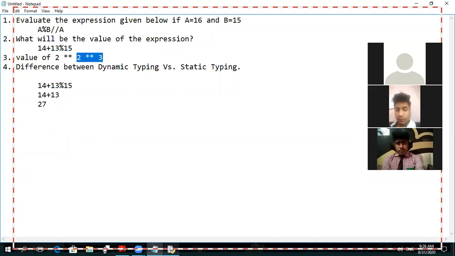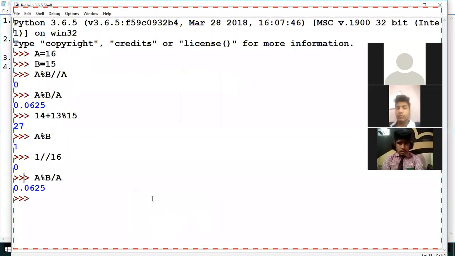Now see this, when we solve 2 to the power 2 to the power 3 like this, first it will solve this one. So 2 to the power 3, that means 8, and after that this 8 is the power of this 2, so 2 to the power 8, result is 256.